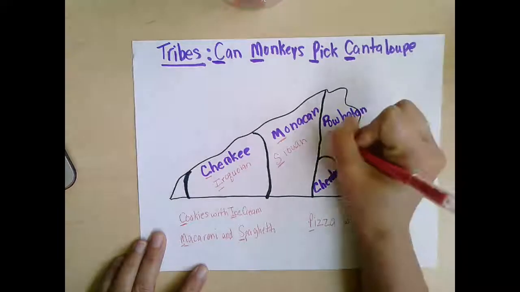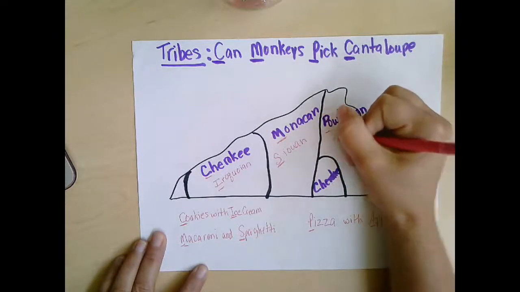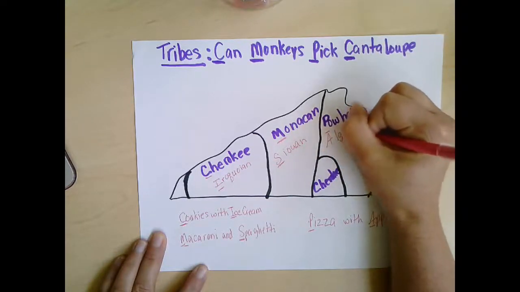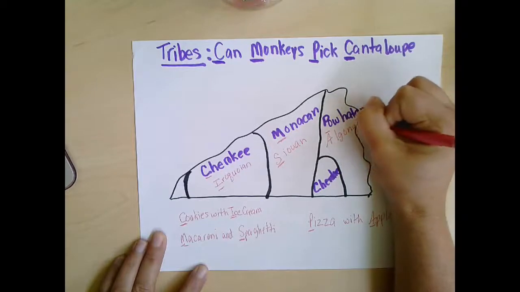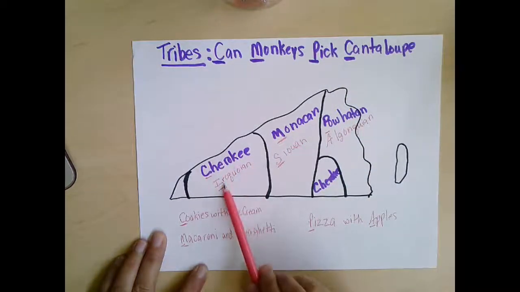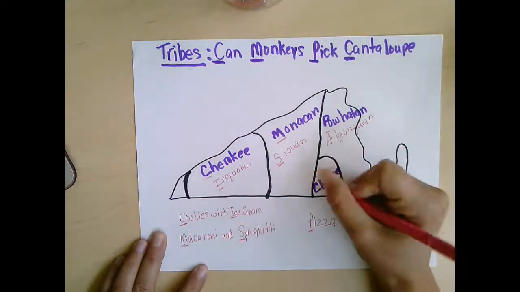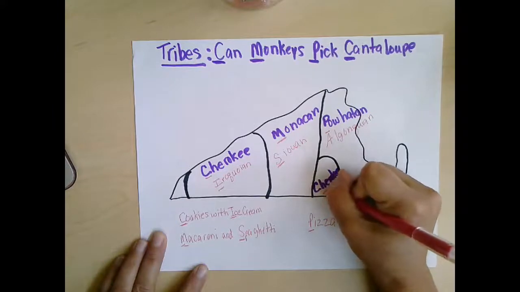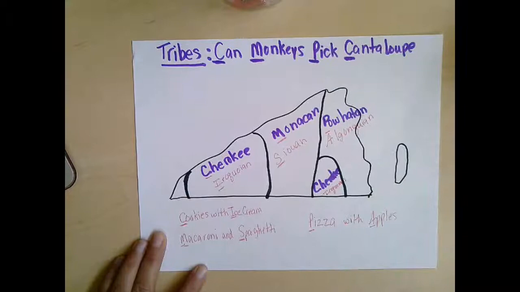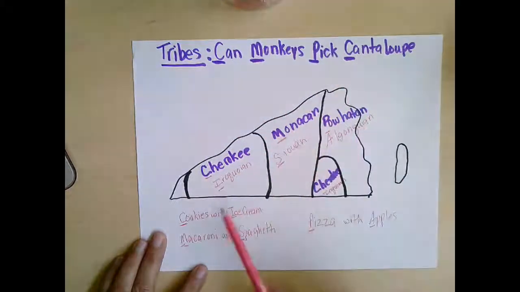So pizza with apples. The Powhatan tribe speaks Algonquin. All right, so here, if this Cherokee tribe speaks Iroquoian, it's the same tribe, so they speak Iroquoian also.